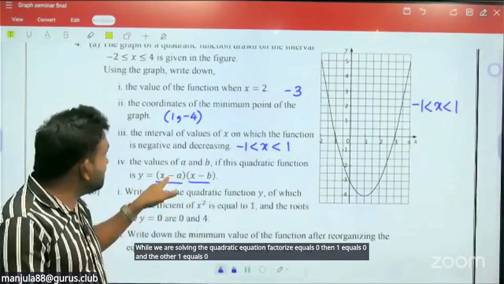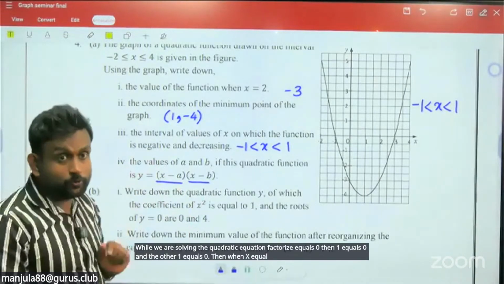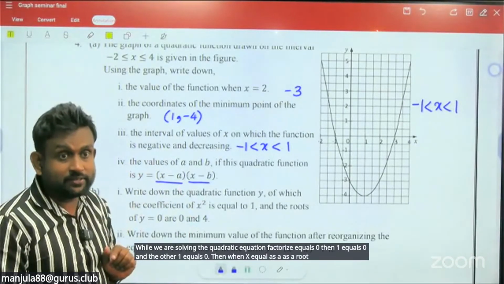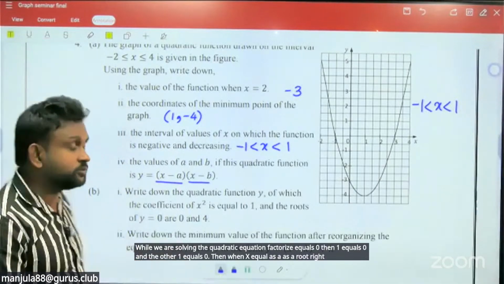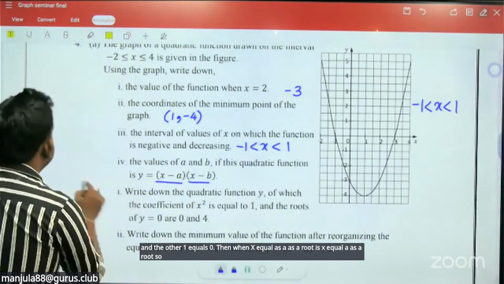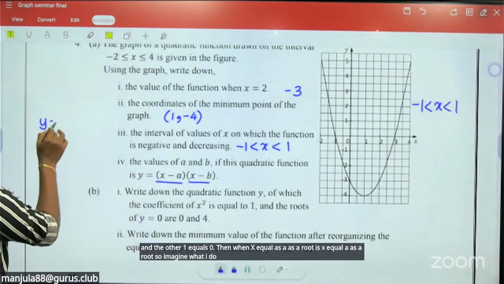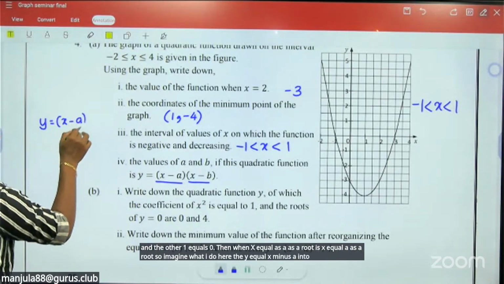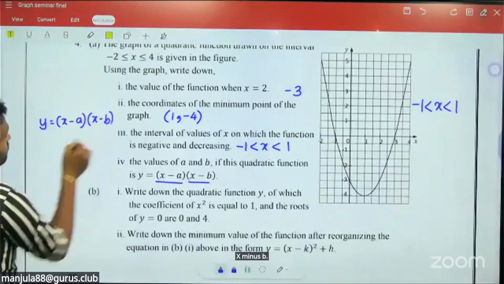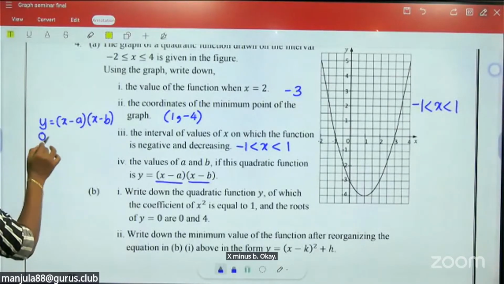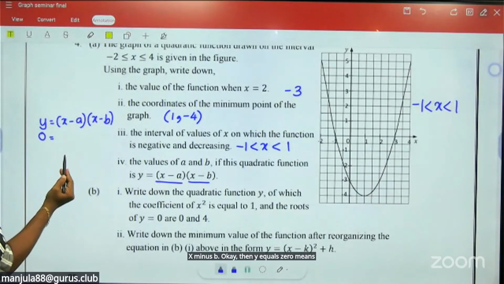Then x equals a as a root, right. So imagine what I do here: y equals x minus a into x minus b. Then y equals 0 means the x-intercepts, the x cutting values.